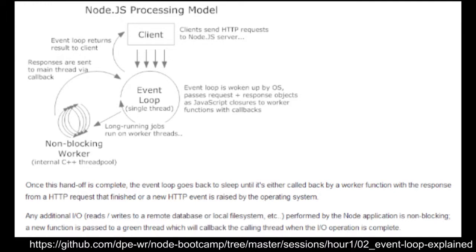And so this is a graphic that sort of illustrates what that processing looks like. You can see that in the middle here, there's an event loop that continuously runs. If there are any requests from clients, they'll come into the event loop, which will quickly process whatever is necessary and then return the results to the client.